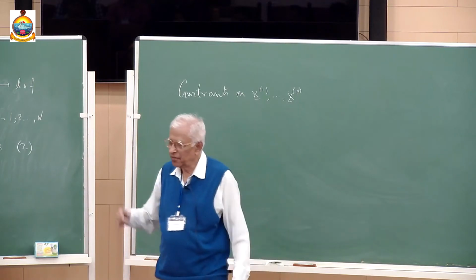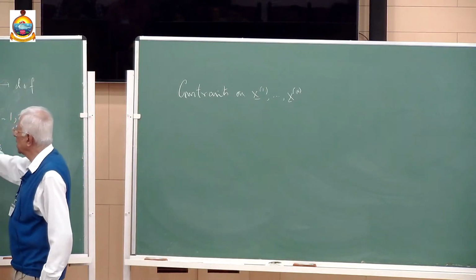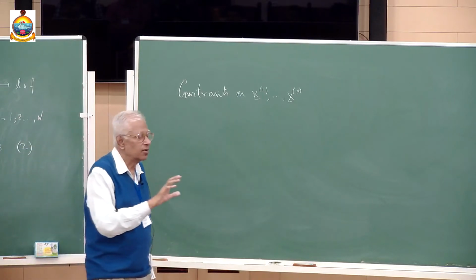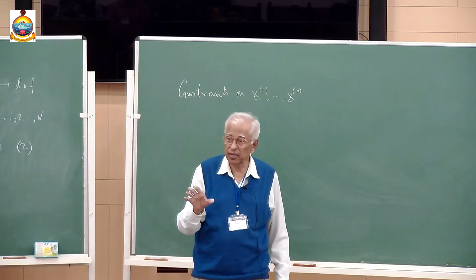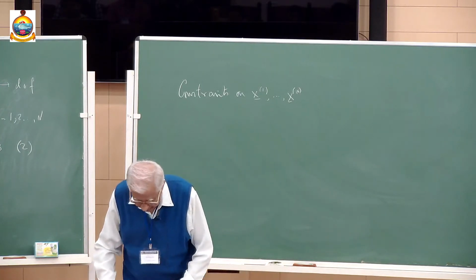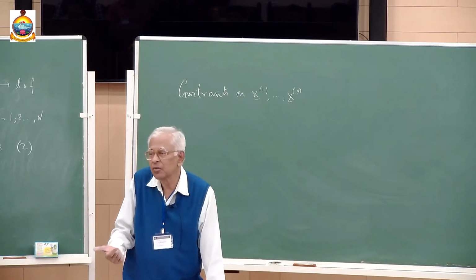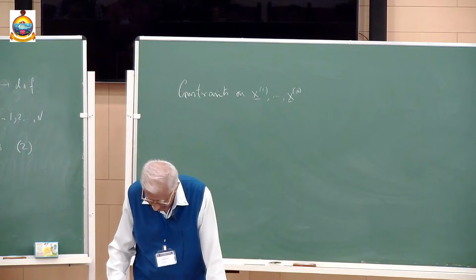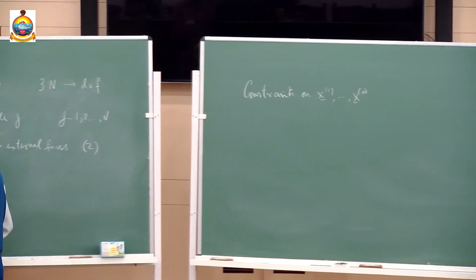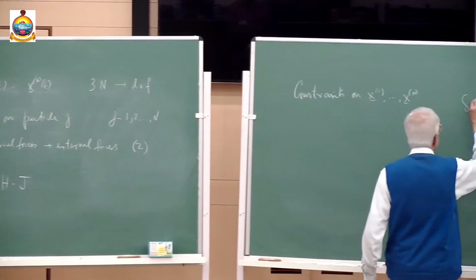If it has an intention to move away, you push it back. Now, there is a physical fact that those forces which arise in order that the constraints are always obeyed don't do any work. This is a physical fact. It's not a mathematical statement. So this idea of not doing any work means first you have to define what is work. So I go through it in this way. This is the definition of the work done by a force. This is something you know.